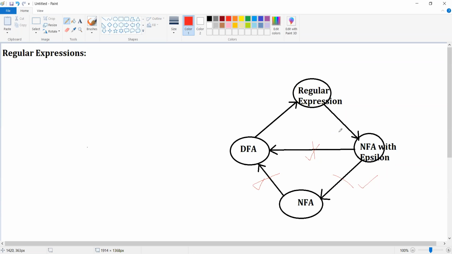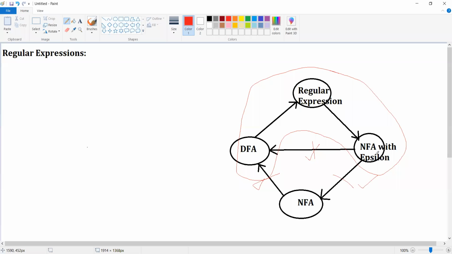The next thing we need to cover is the upper part, which we are going to cover in this second unit. Now we concentrate on regular expressions: how to convert a given DFA into a regular expression, or, given a regular expression, how to find the equivalent NFA with epsilon.